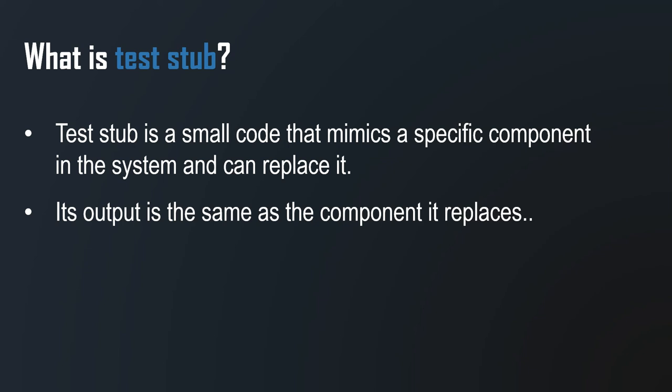You can also call it test data, or mock data, right? For example, if you are building a system which will return you an object of type user, you can create a mock user object in the code and pass it, right? That is your test stub, or you can also call it a test data object. So that is a test stub.